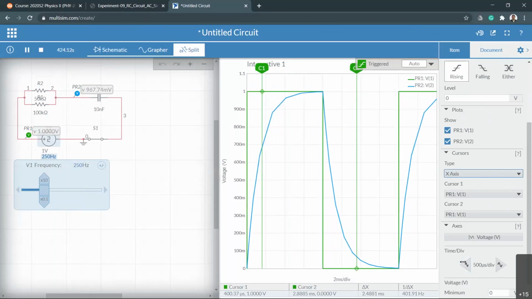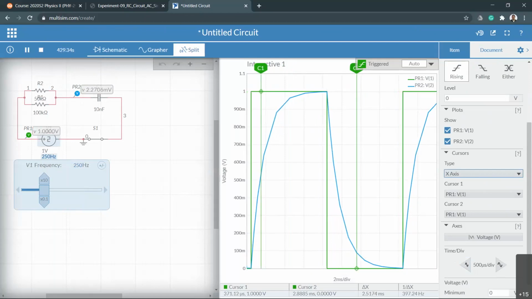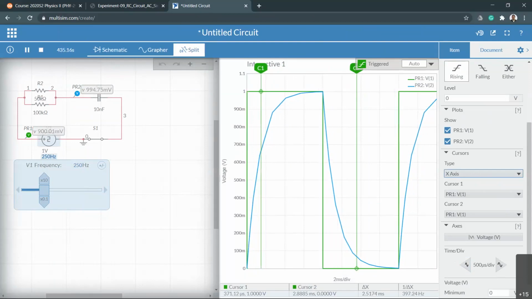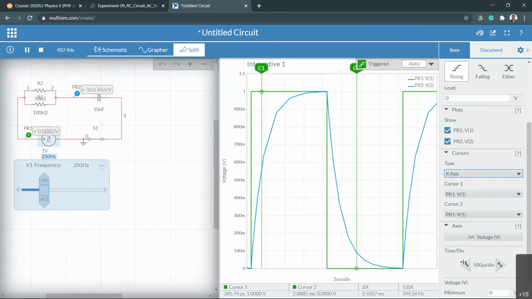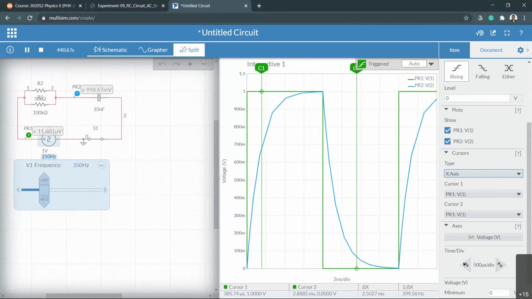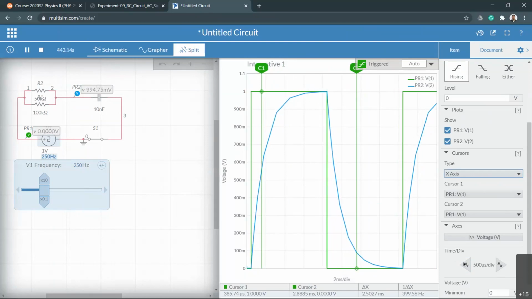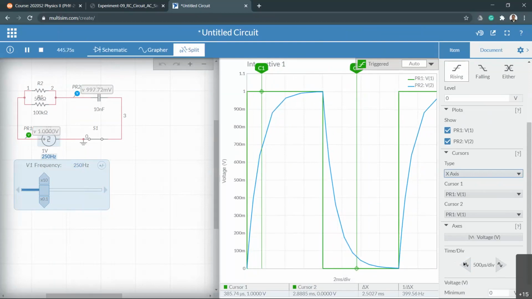All right, so the 630 location. Observe cursor number 1 at the 630 location, and then you can get the time value for that. That is about 385 micro.